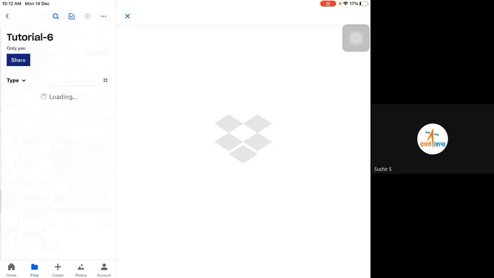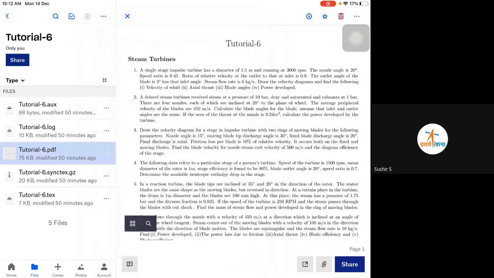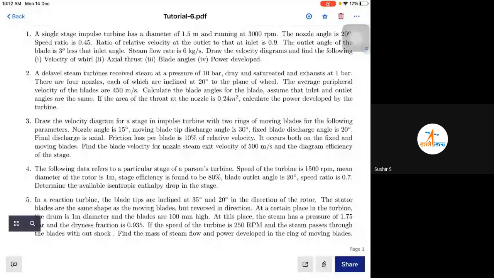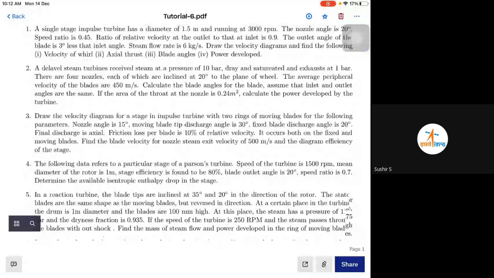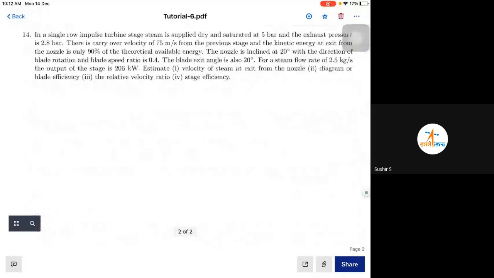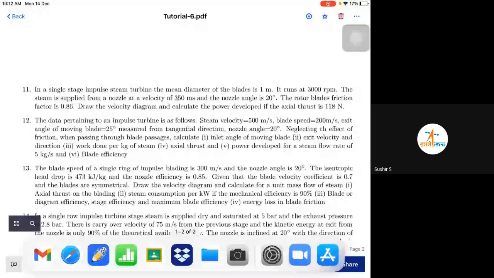I prepared a tutorial sheet, and just look into that. This is your tutorial sheet for the steam turbines. Okay, let me solve one or two. We have some time, so let me start with one numerical, and if possible, we'll try to solve two numericals. Okay, let's take the first numerical.